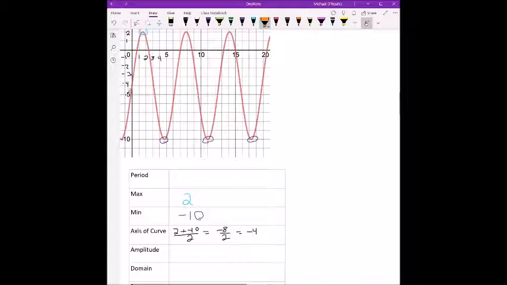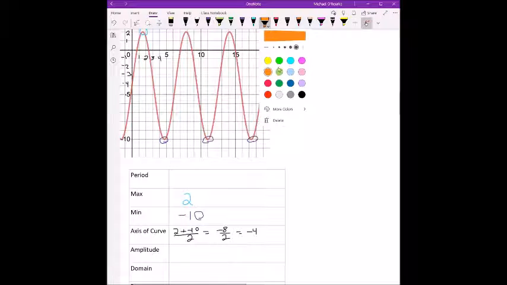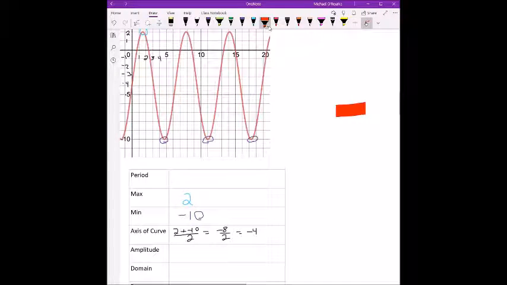Sometimes I like to draw the axis of a curve, so I go negative 4. Let's make it bold. What color should I go? Red's a good color. It's way too thick though. There we go. So there's my axis of a curve that goes right through the middle. Okay?